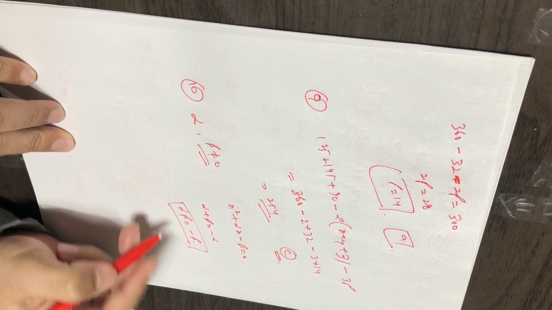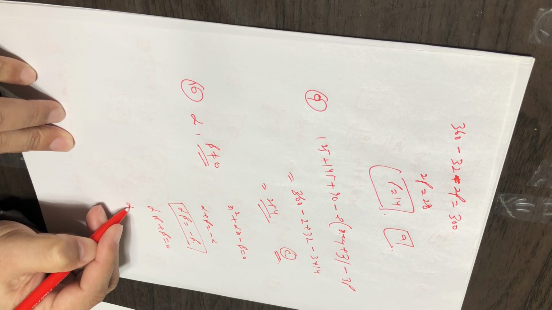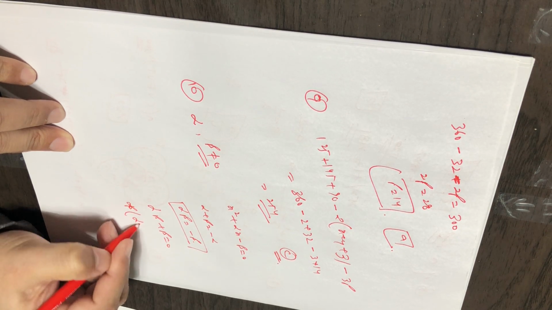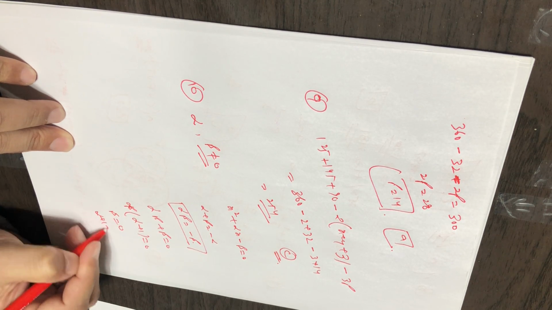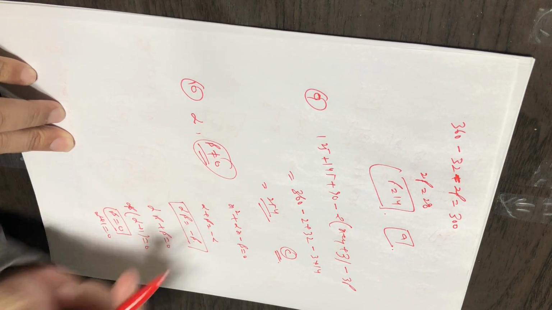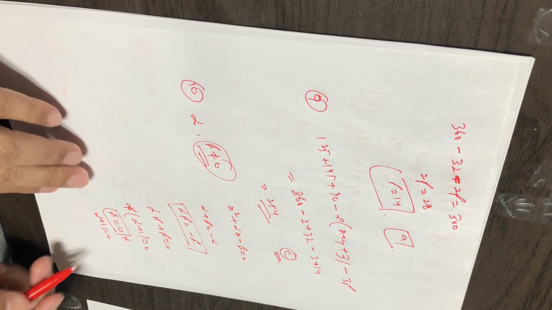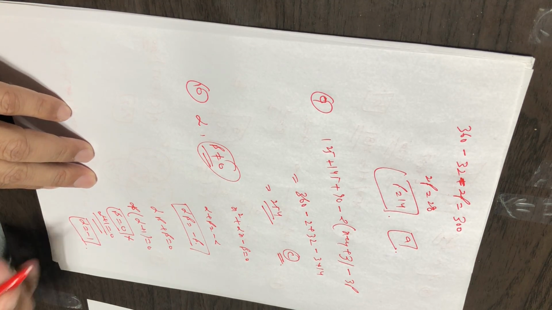So we solve this part first. Alpha beta plus beta is equal to 0. Beta is common, so beta times alpha plus 1 is equal to 0. Either beta is equal to 0 or alpha plus 1 is equal to 0. But beta cannot be equal to 0 because it is given, so this condition will not hold, and we can clearly see that alpha is equal to minus 1.